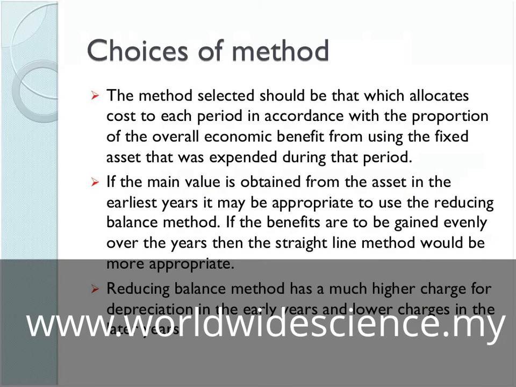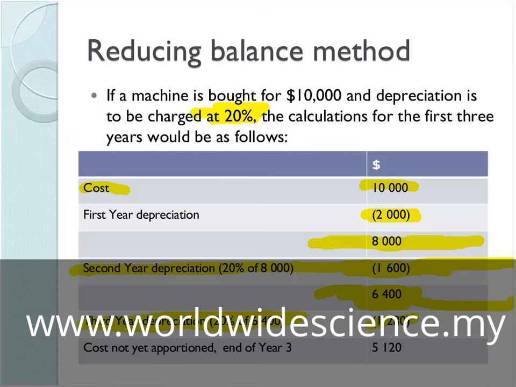So that means you can choose any method. It depends on your business, on which method will bring you the benefit in your income statement. If you would like to reduce your income statement, reduce your profit, for example.